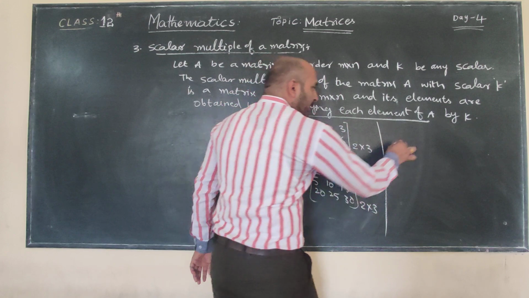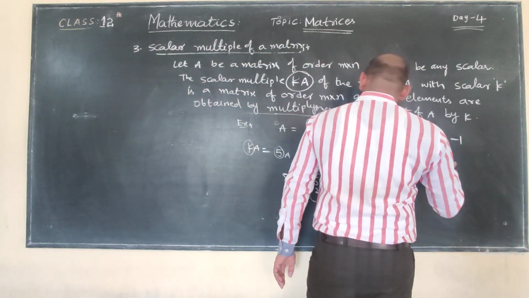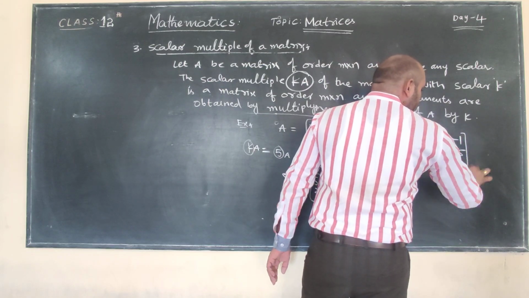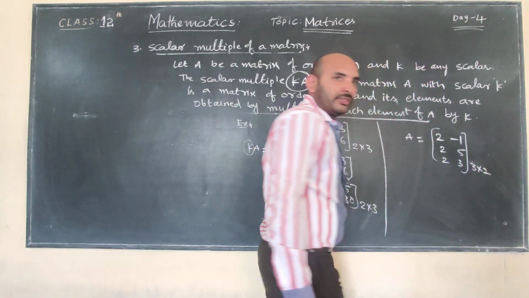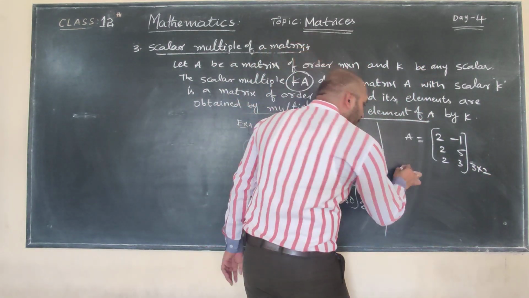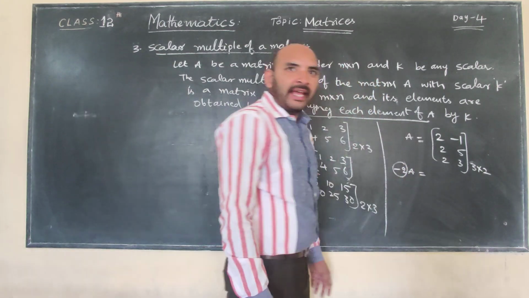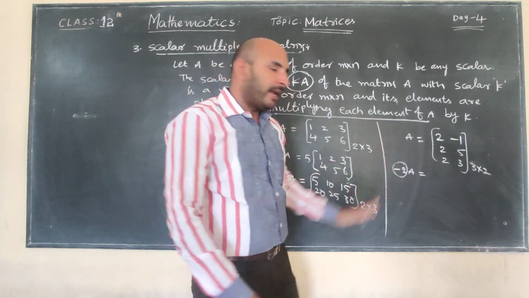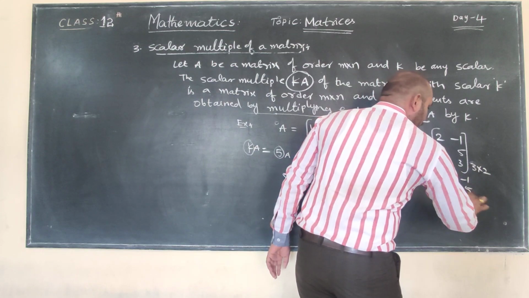Let us take another example. A is equal to the matrix with rows 2, minus 1; 2, 5; 2, 3. This is of order 3 rows and 2 columns. I want minus 2A. Here minus 2 is nothing but the scalar, a constant term, a negative term. So minus 2A is equal to minus 2 into the matrix.